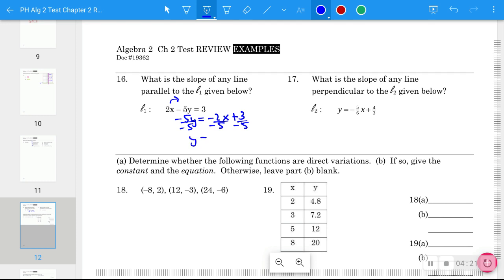And that tells me that y is 2/5 x minus 3/5. Well, the slope here is 2/5, so the slope of line 1 is 2/5. And since any other line that's parallel to it will have the same slope, you just repeat it, 2/5. There's your answer, 2/5.